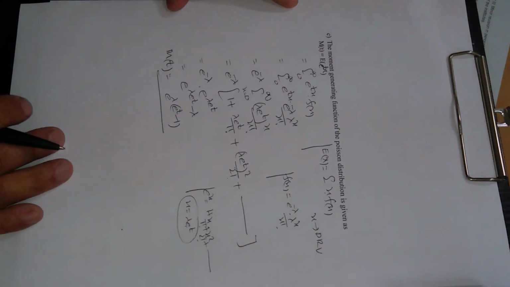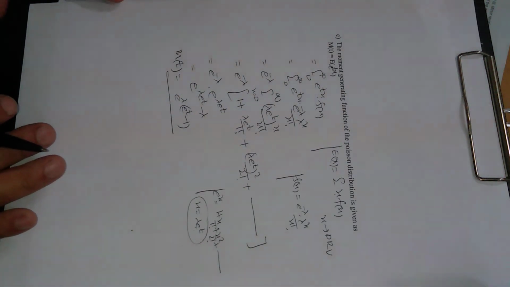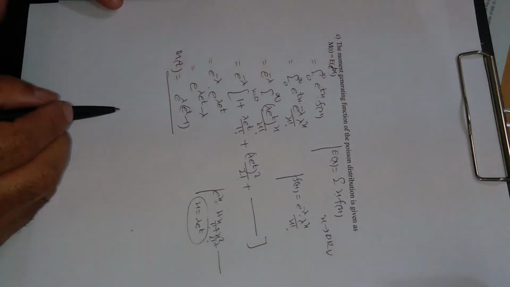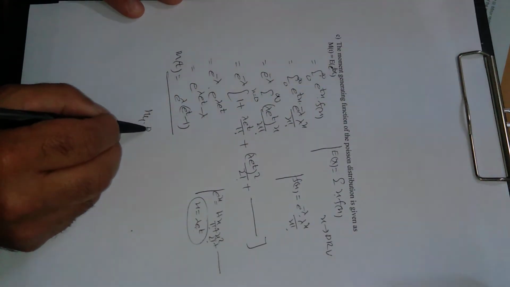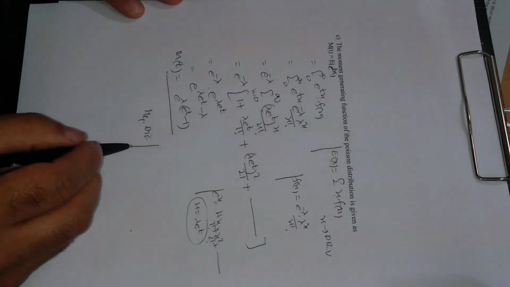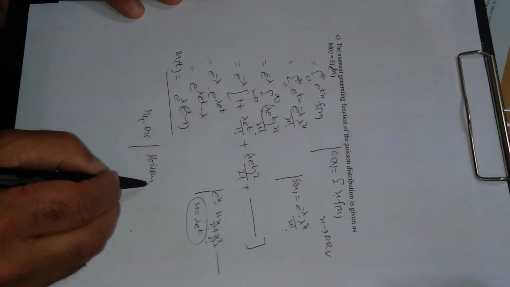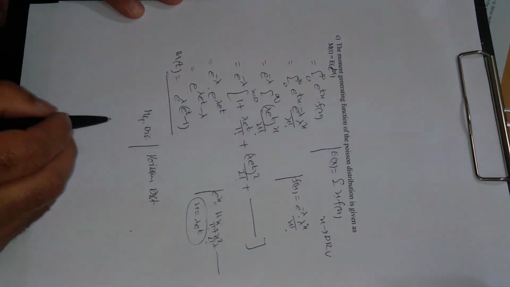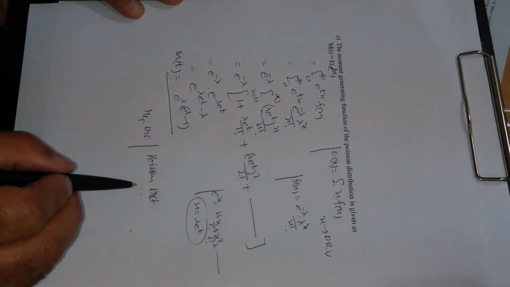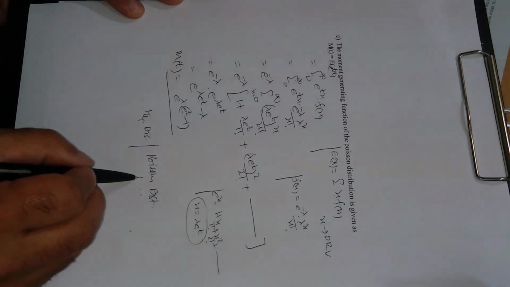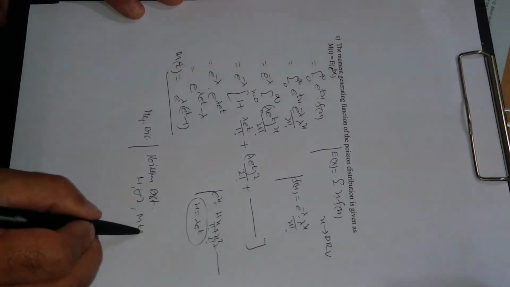So friends, in this lecture we have discussed two types of discrete probability distribution. First is hypergeometric distribution, and then we have discussed Poisson distribution. In both cases we have found mean, variance and moment generating function.